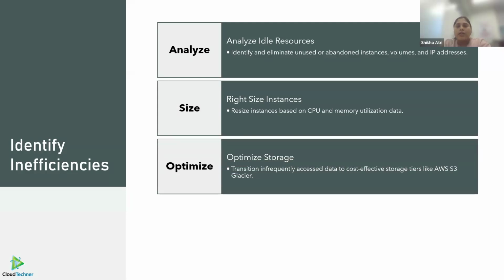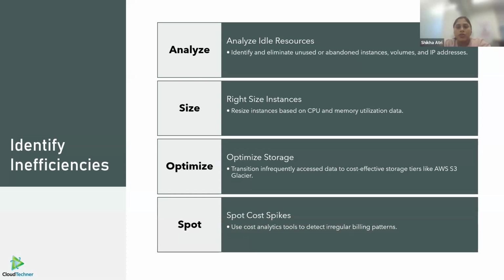Storage can be a significant cost driver. By moving infrequently accessed data to lower cost storage tiers like AWS S3 Glacier for archival purposes, we can drastically reduce storage expenses without impacting accessibility for active workloads. And finally, it's important to use cost analytics tools to detect irregular billing patterns.